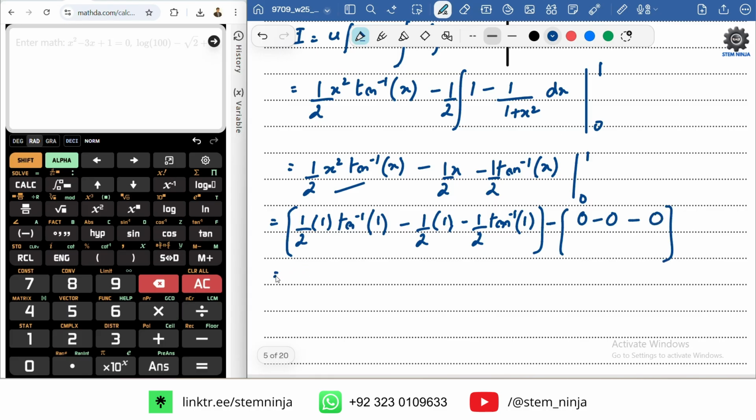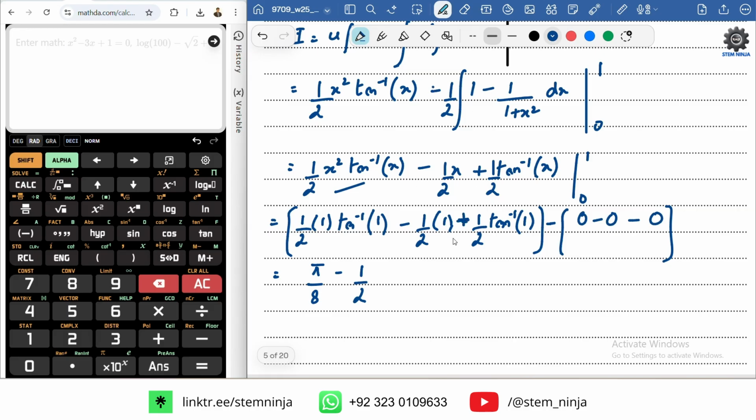So you get tan inverse of 1 is pi by 4. Pi by 4 times a half, this would be pi by 8, minus 1 over 2. The minus minus will actually make it plus, no? Yeah, minus minus would make it plus.